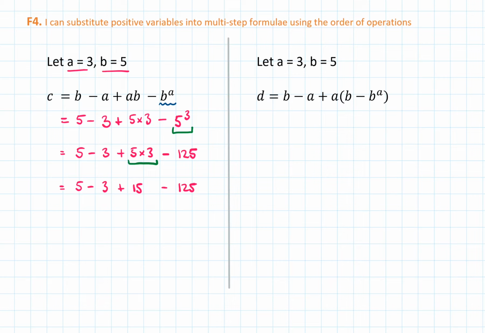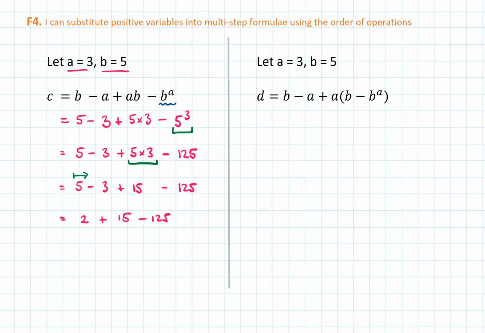We now only have addition and subtraction. And remember, order of operations tells us that these are equal precedence. So we will work from left to right. If we start from the left, we get 5 take away 3, which is 2, and we just copy everything else.